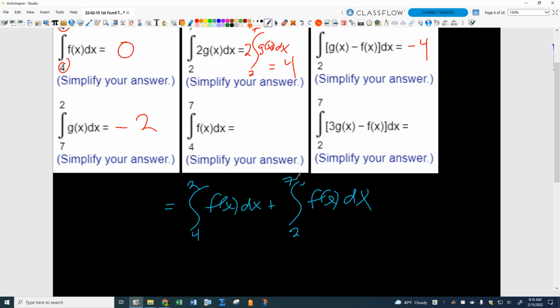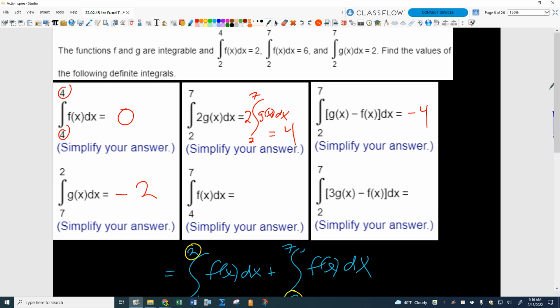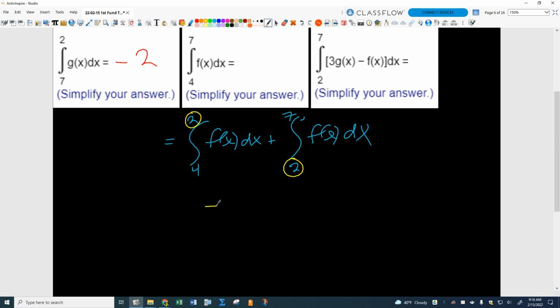That works because the interior limits match up. Make sense? Okay. And what's that equal to? Well, f of x dx from 4 to 2 is just the reverse of this area, isn't it? So it'd be negative 2 plus, that was 6, right? Either way, doesn't matter. Either way, you're going to get 4.